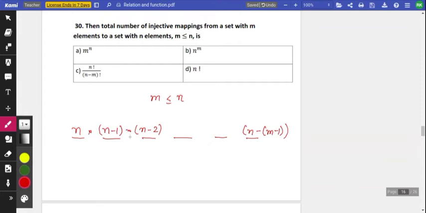After multiplying all these terms we get N factorial upon N minus M factorial. So the correct answer is option C. N factorial upon N minus M factorial is the total number of injective mappings.